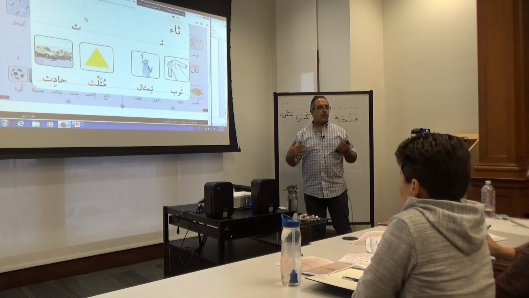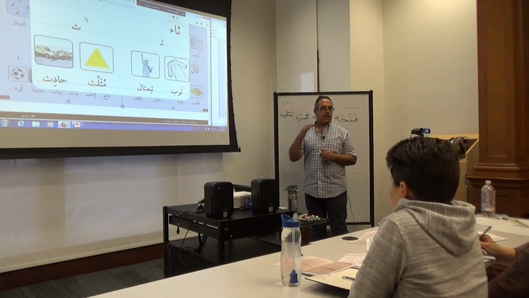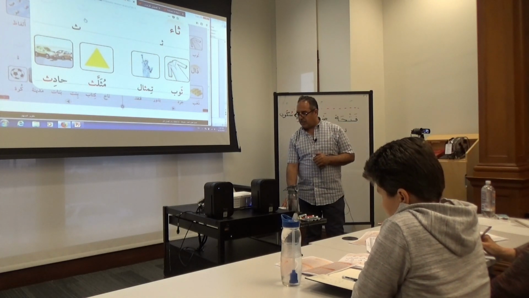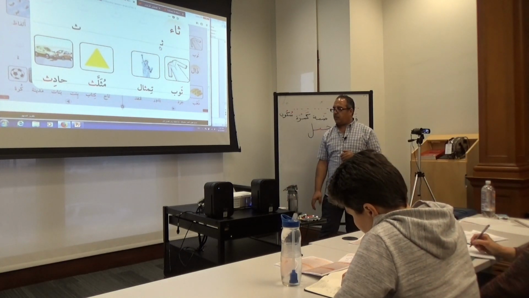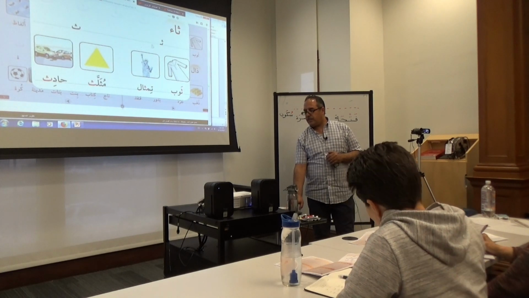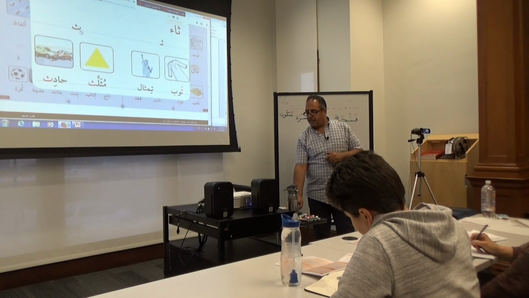All of the other movements are on top of the baseline, on top of the letters, but kasra is underneath. And tha, like we said before, at the beginning or in the middle, we write it like this without the fancy ending, and that's how it is complete.